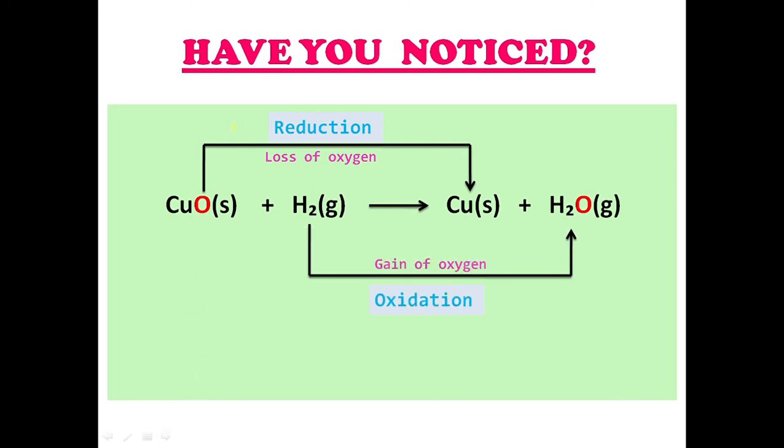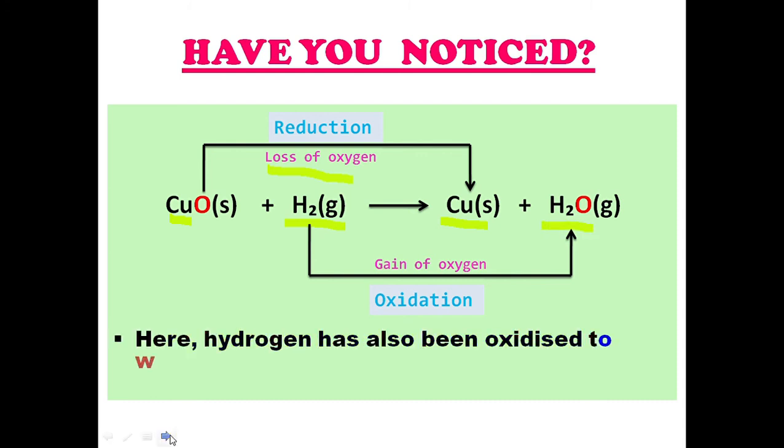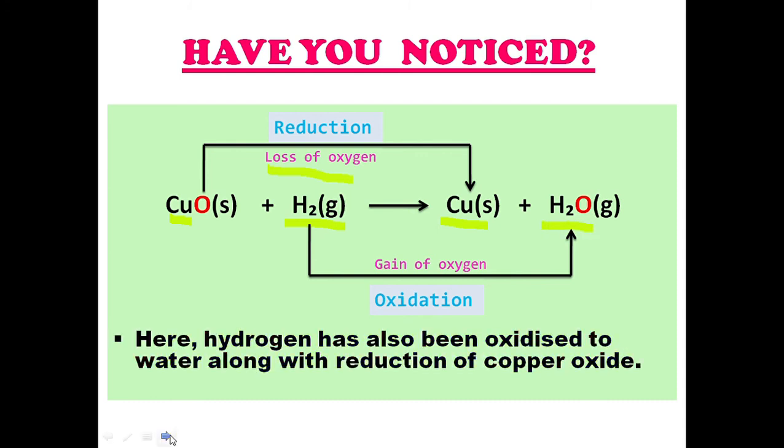There is gaining of oxygen by this hydrogen, and then only it forms this water vapor. So in other words, we say that hydrogen has also been oxidized to water along with the reduction of copper oxide.